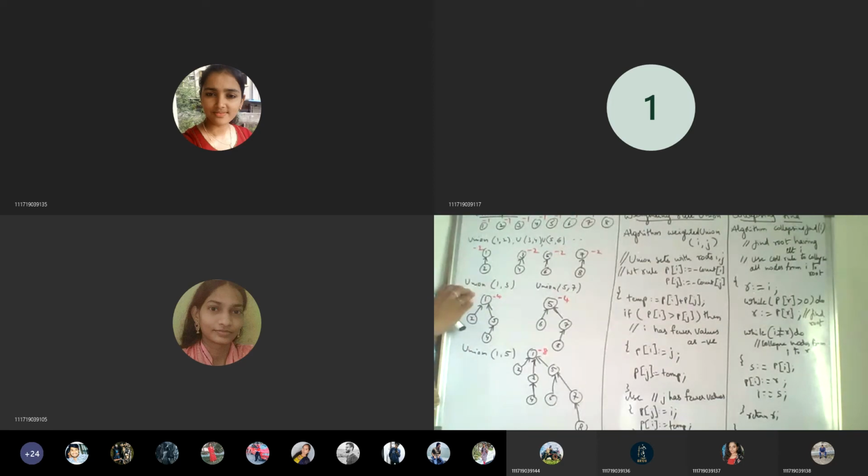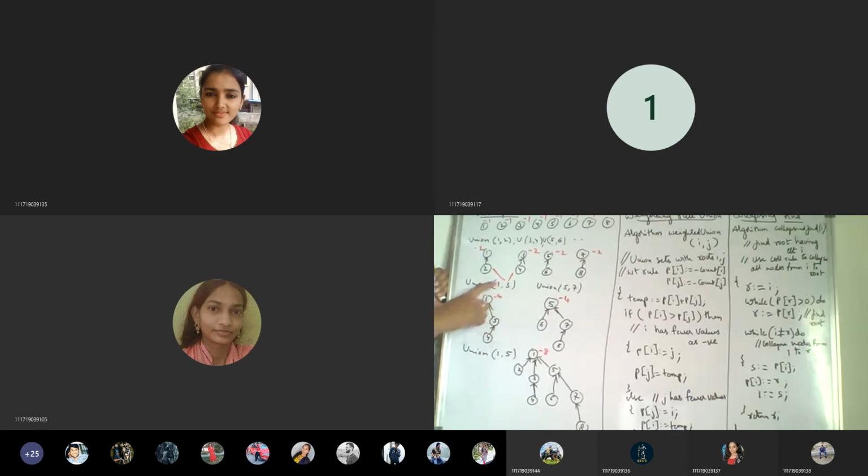So the next step is that we are going to take the union of these two. Union of 1 comma 3 means here I am specifying only the roots. So when I specify 1 and 3, 1 is the parent and 3 is the child.